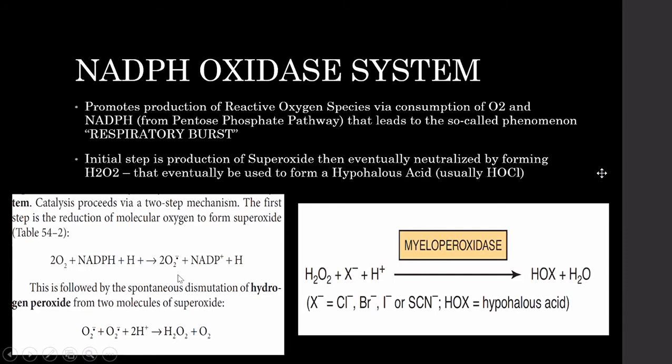This is your superoxide. It will remove an electron, okay? That makes your oxygen unstable and will produce your superoxide.